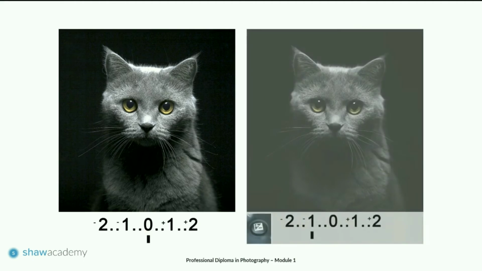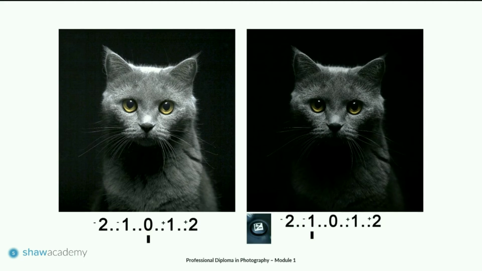So again, we introduce our exposure compensation, and we can now underexpose the scene by 1 stop. And remember, that's reducing the amount of light in the scene by half, and we now have something that is the correct exposure.